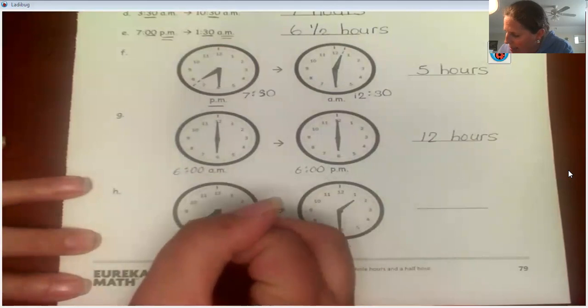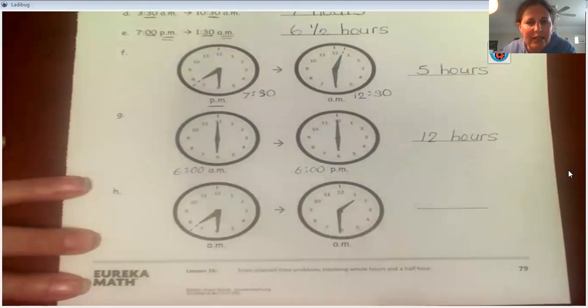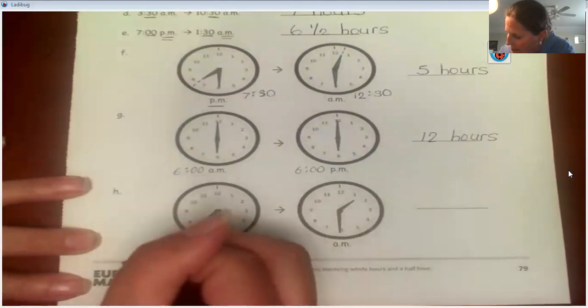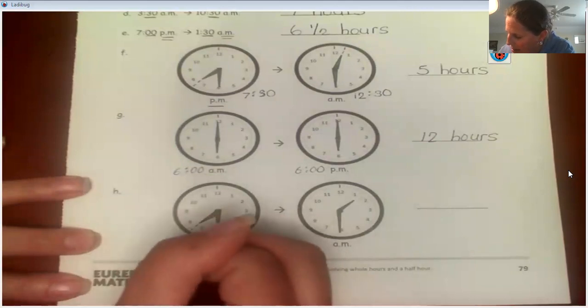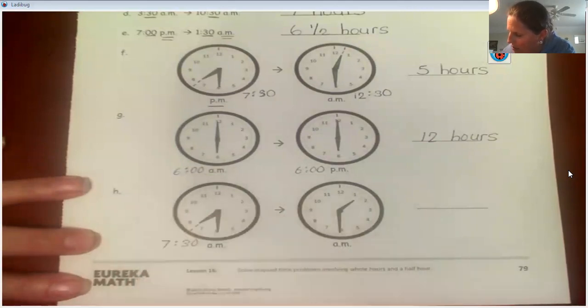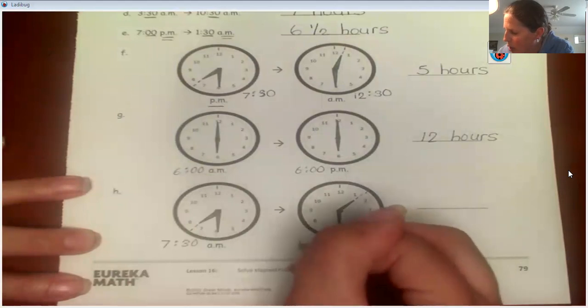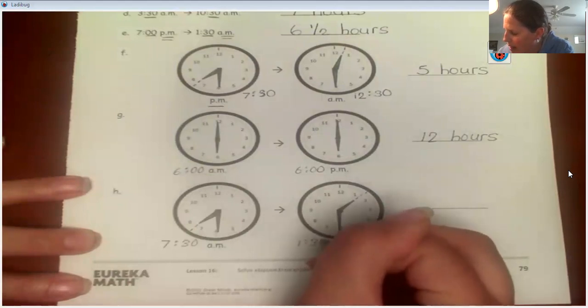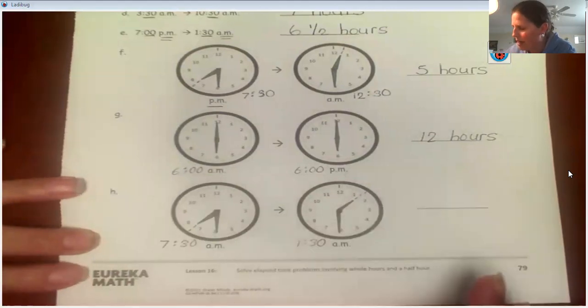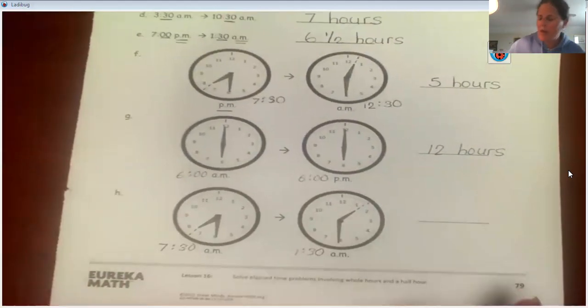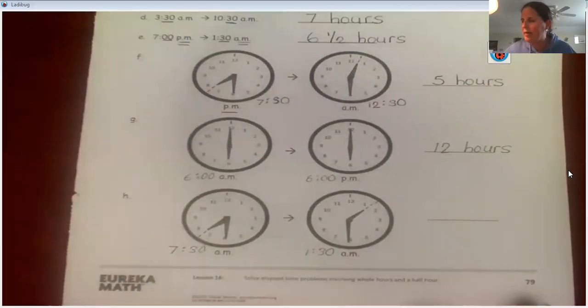So my hour hand is in between the 7 and the 8. So it's 7, and my minute hand is on the 6, which is halfway around. So 7:30 a.m. And then this clock is showing 1:30 a.m. Okay, so if I'm at 7:30 a.m., that's like around the time we're eating breakfast in the morning.